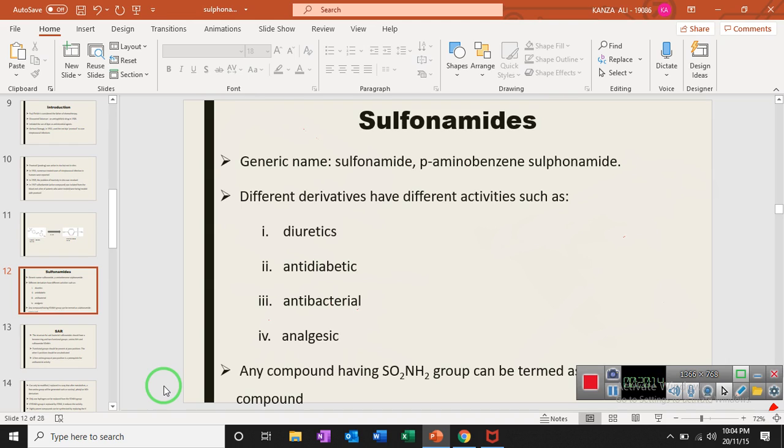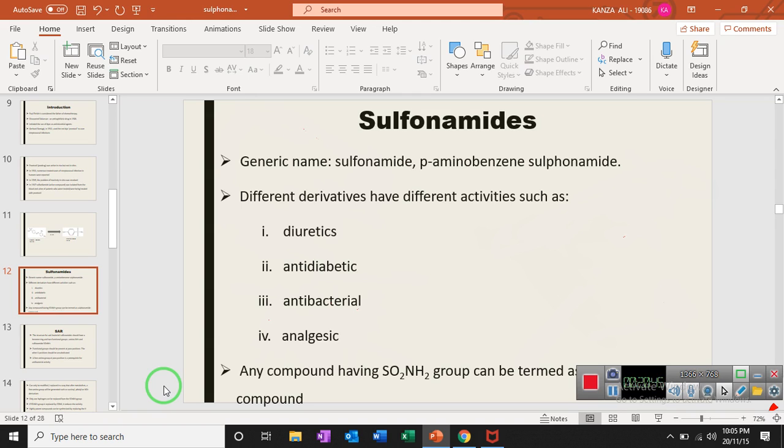And as I have told you, just by changing the position, just by changing the functional groups, we get a number of derivatives. At least more than 5,000 derivatives are synthesized from this molecule.